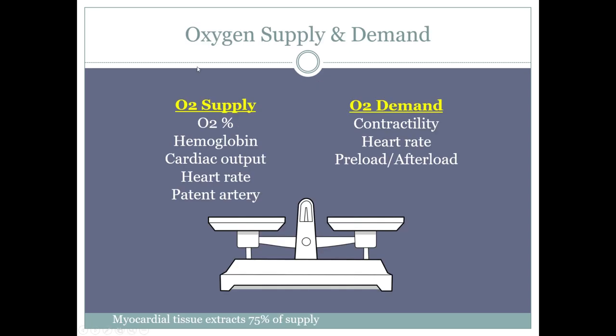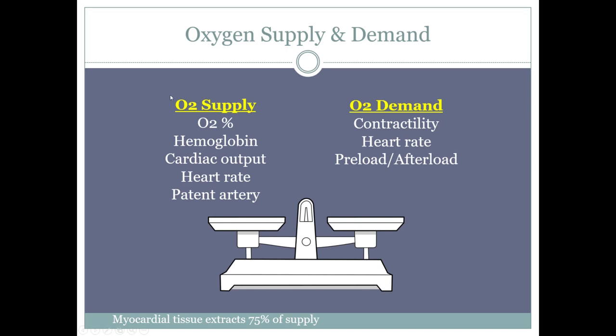So here are the determinants of supply and demand, if you will. Keep in mind that there's not a lot of reserve in the myocardial tissue. It uses almost all of the oxygen that is presented to it. It takes about 75 to 80% of the oxygen out of the blood and uses it, so there's not a huge reserve to go off.